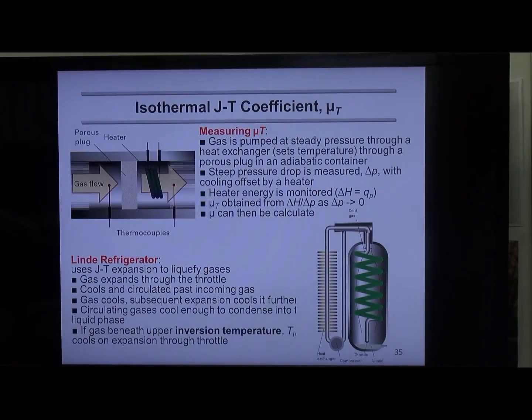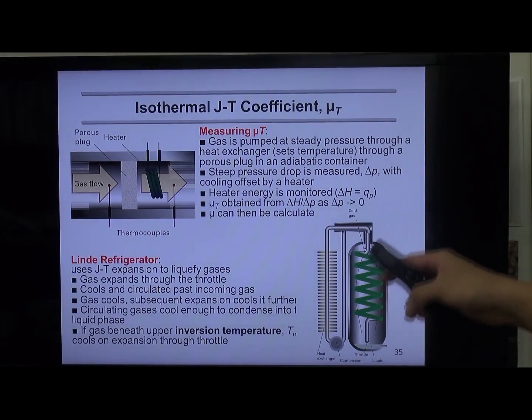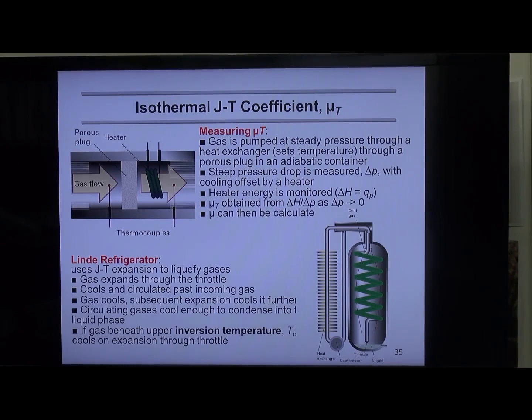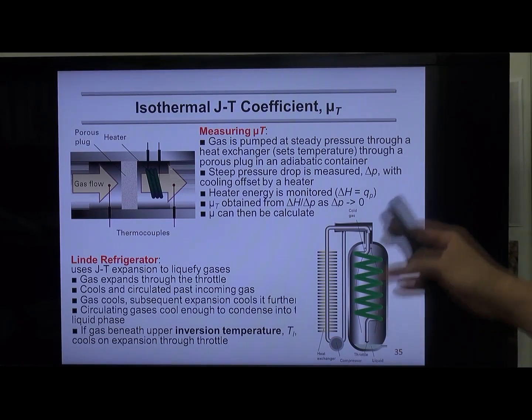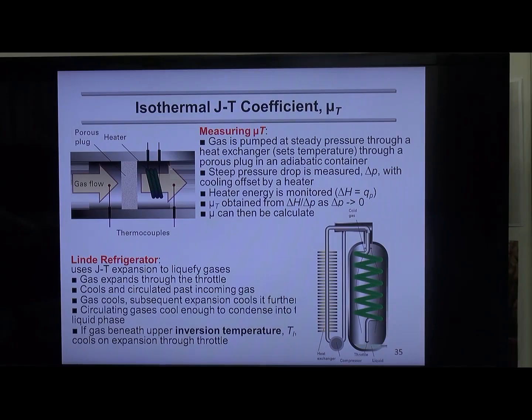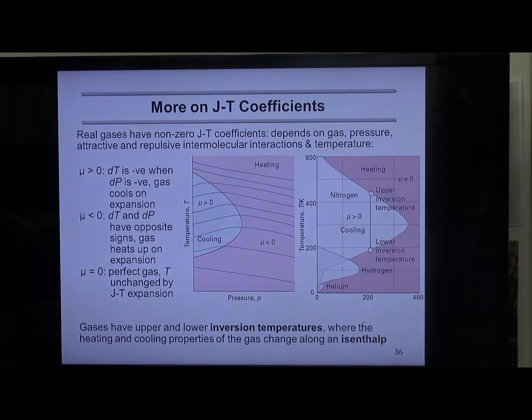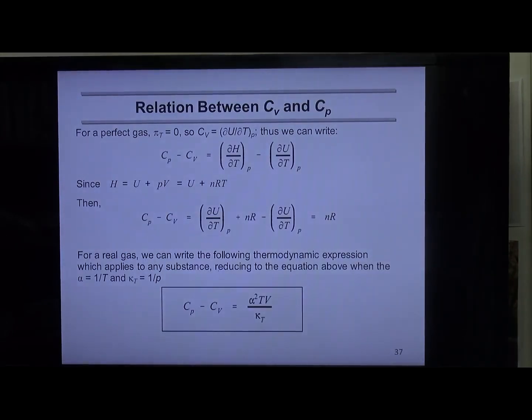We already have done this, how they do it, using this Joule-Thomson expansion, basically, which means that the gas gets colder, right? That's actually the principle of the refrigerator, how they built refrigerator. Just read the textbook. It's not that important.